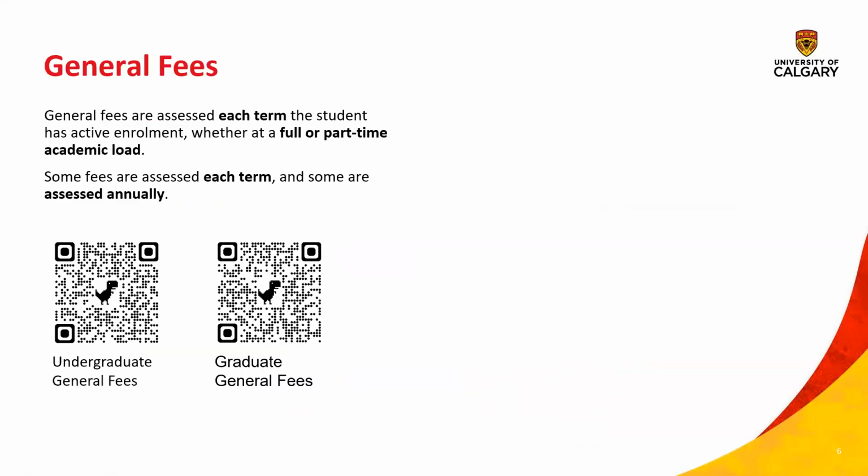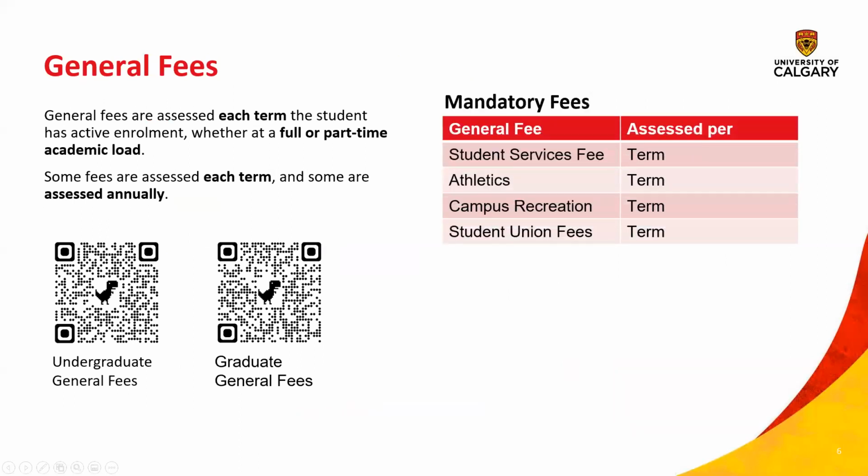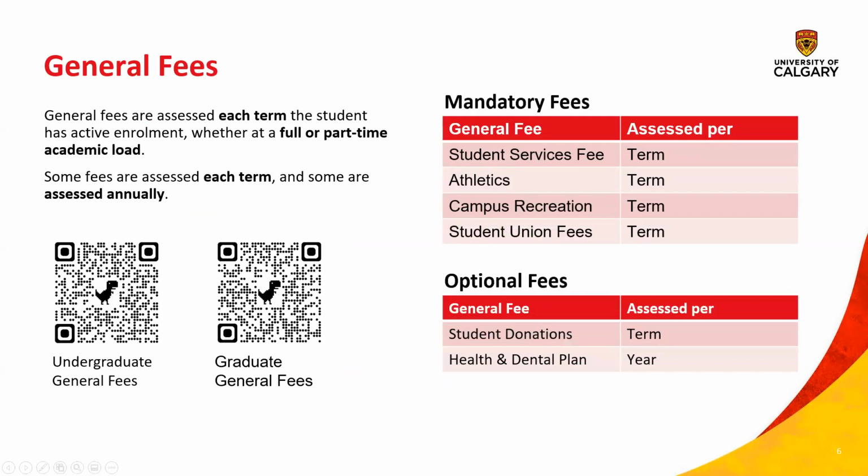In addition to tuition, students are also assessed general fees. These fees fund specific programs and are directly allocated to support broader student services. Most of the general fees that you are assessed are mandatory and fund essential services across the campus.